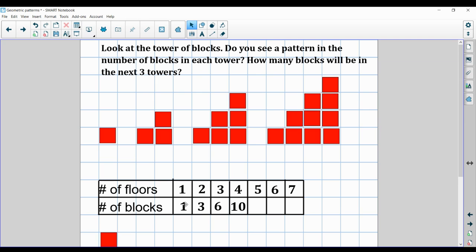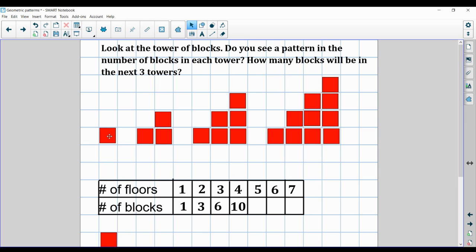With 1 floor and 1 block, what happens is this floor moves up and another floor goes underneath. Each time one goes underneath, it pushes the ones up. So I go from 1 to 3 to 6 to 10. But this isn't a simple pattern where you can say I just multiply by 1, or I add 1, or I add 2. Going down, it doesn't work like that. Each time we're adding a floor, I'm adding 1 more block than I had the time before.